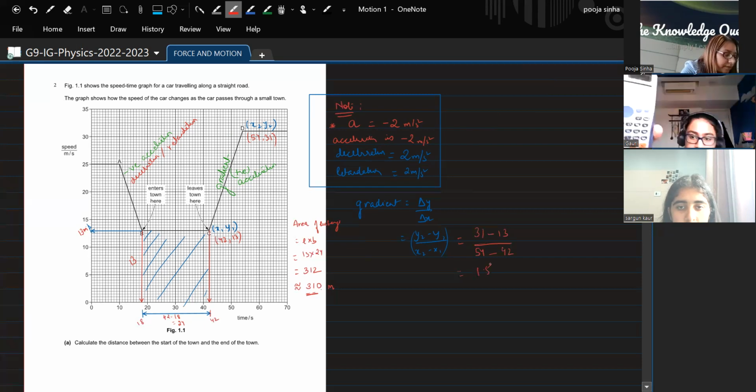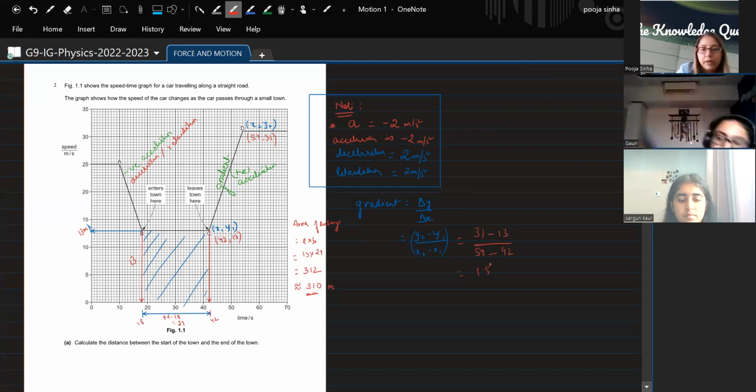I just put it directly. 1.5. What unit should I write? So this was acceleration, and this is meters per second and seconds. So meters per second square. Second square.